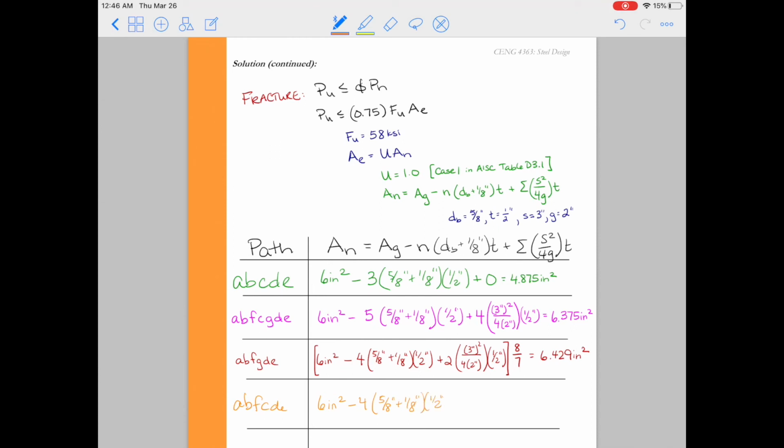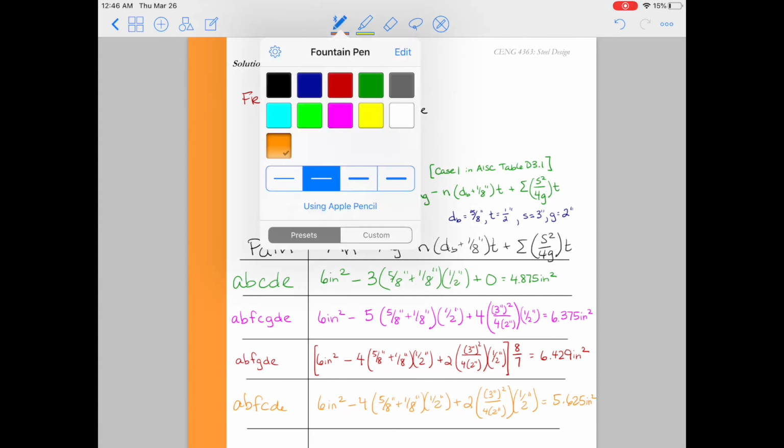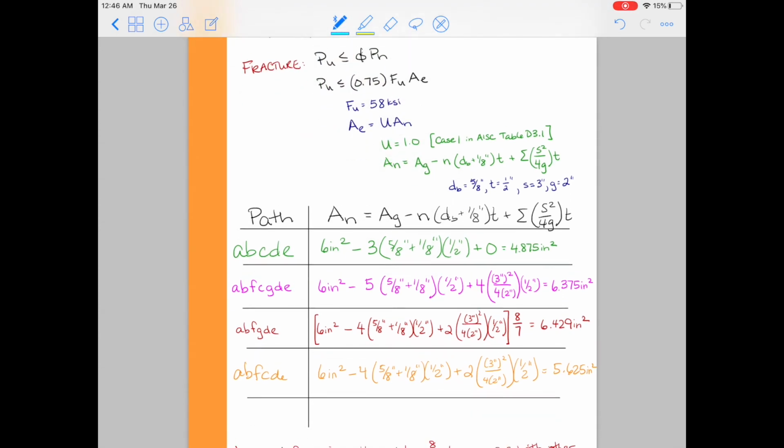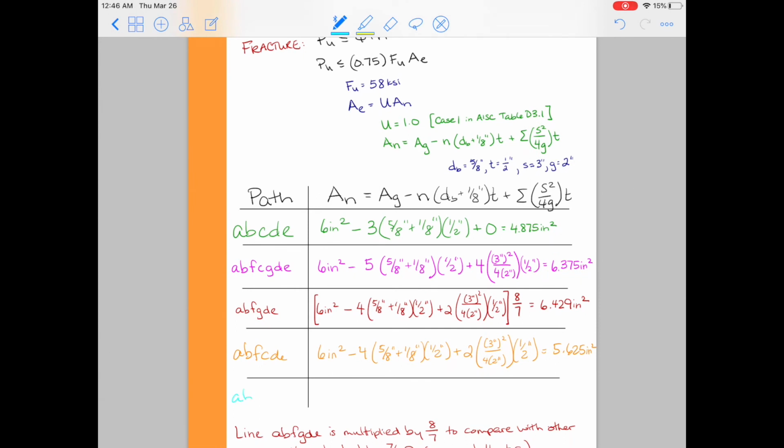So we're going to do 6 inches squared minus 4 times (5/8 inch plus 1/8 of an inch) times 1/2 inch. And then we go on two diagonals, so we add 2 times the s squared over 4g times the thickness, 1/2 inch term. And this is subjected to the full load. There's no bolts missing. So this has a net section area of 5.625 inches squared.